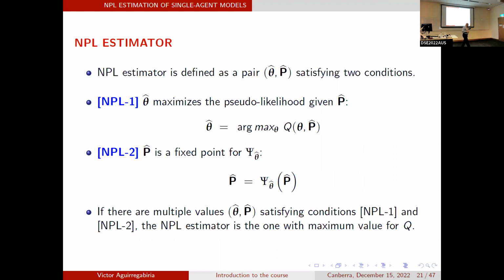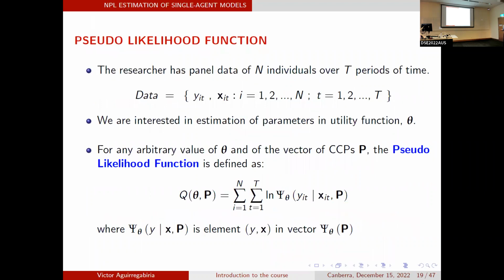Is this in principle equivalent to maximum likelihood? No. We are going to see this in more detail in the context of dynamic games. But let me say already here that in principle this is not equivalent if we have the Lagrange problem of maximizing this pseudo likelihood subject to the constraint. We will have a first order condition with respect to theta, a first order condition with respect to P, and a first order condition with respect to the Lagrange multipliers.